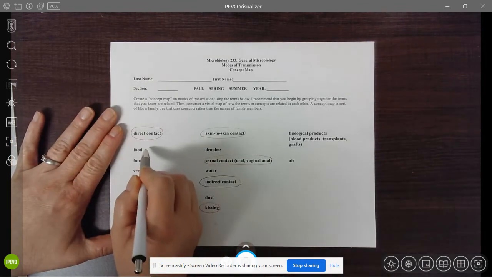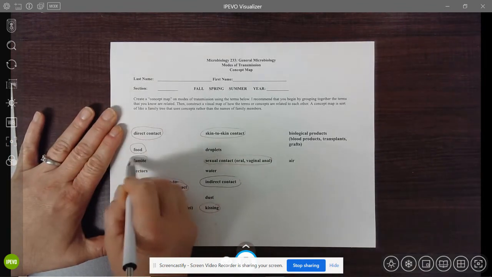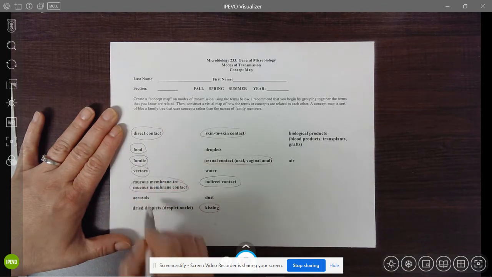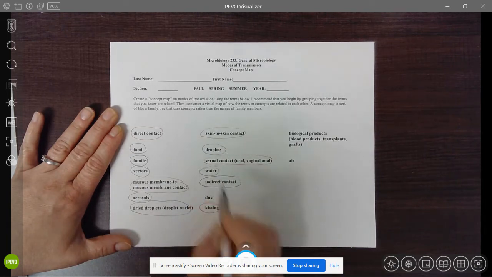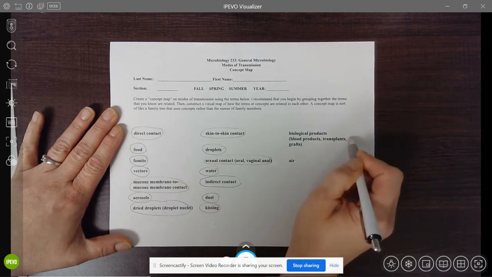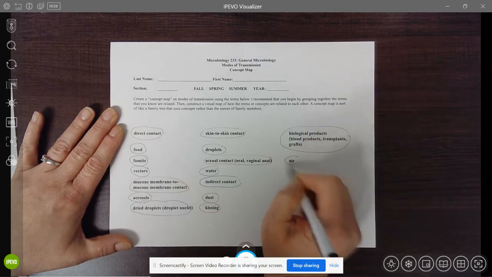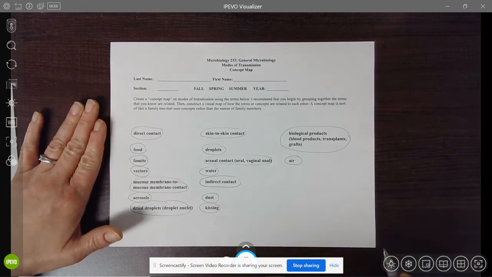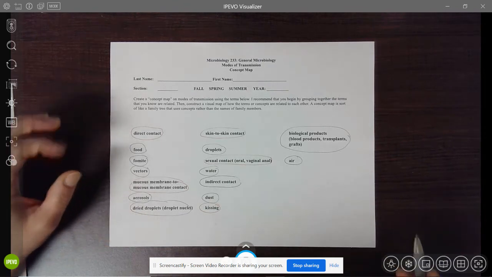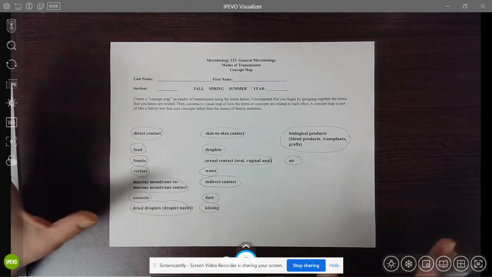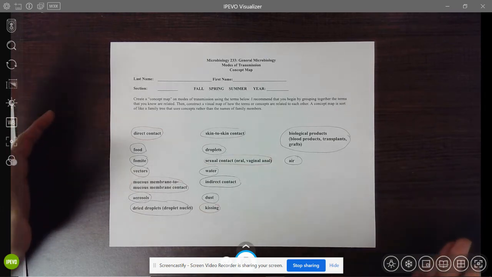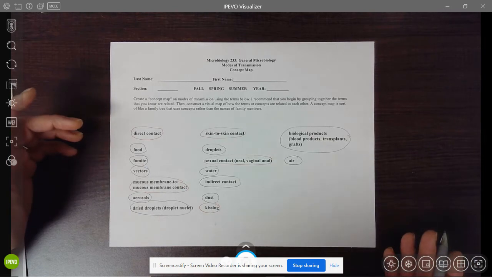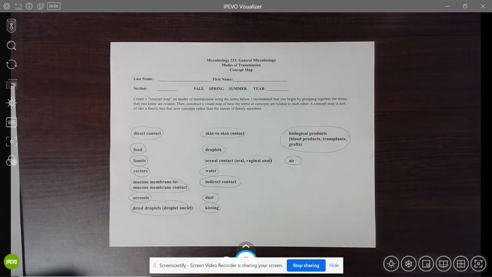So that includes things like food, fomites, vectors, aerosols, dried droplets, regular droplets, water, dust, biological products, and also air. So this is one of the major distinctions between the two different categories of modes of transmission. So direct contact versus indirect contact. And your book lays this out in a fairly specific way.